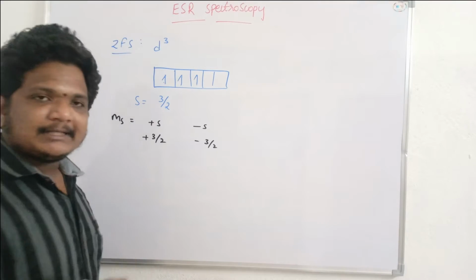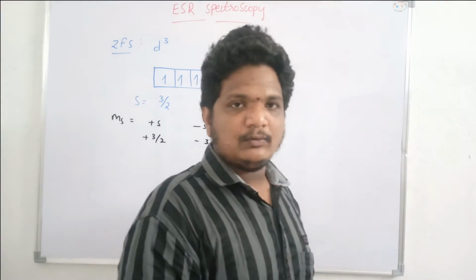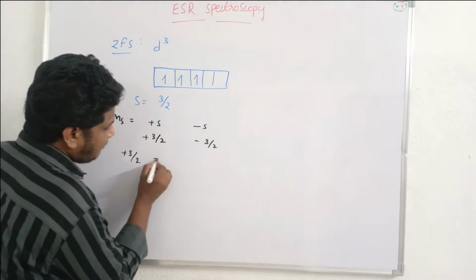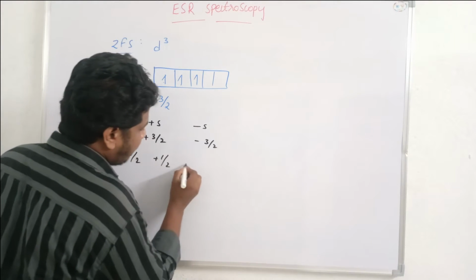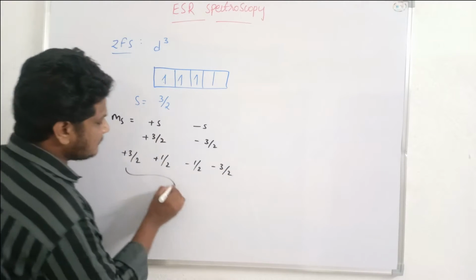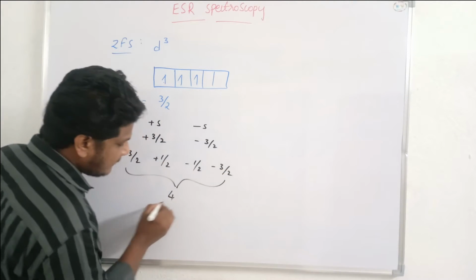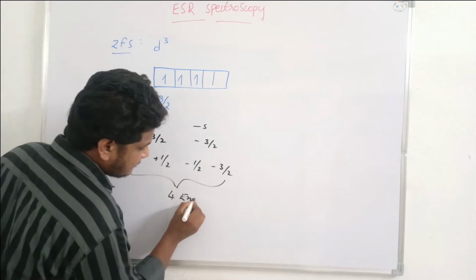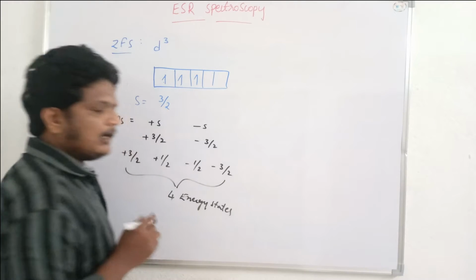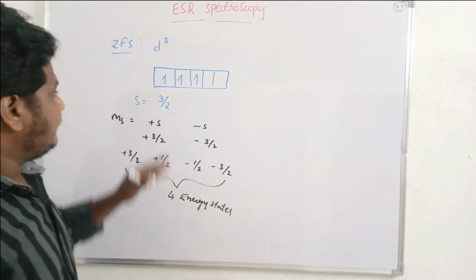In between we have plus 3/2, plus 1/2, minus 1/2, and minus 3/2. So these are the four energy states we can observe in the case of the d3 system.